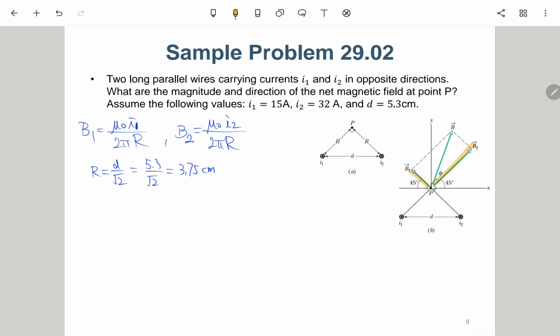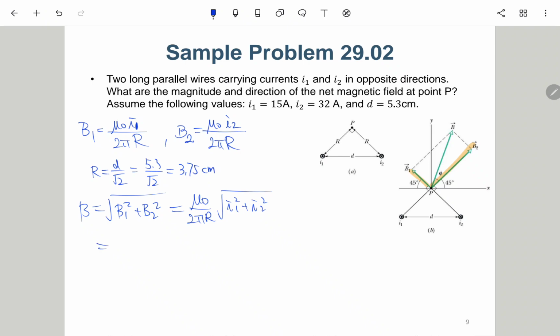So for the total B, we can also use the Pythagorean theorem, so that B is actually the square root of B1 squared plus B2 squared. So we just have mu 0 over 2 pi R times the square root of I1 squared plus I2 squared.